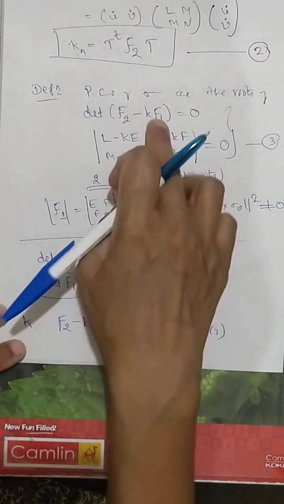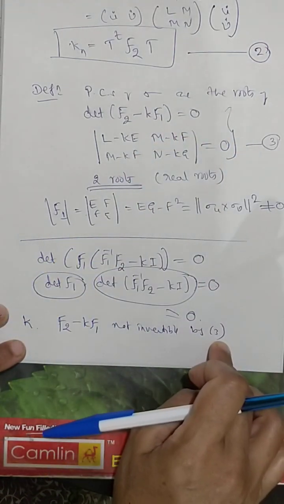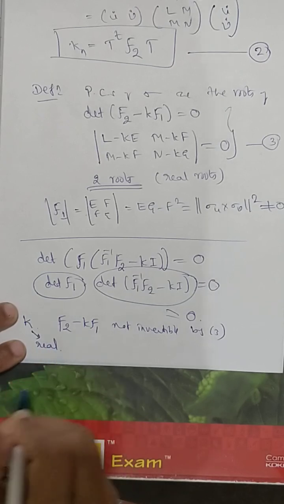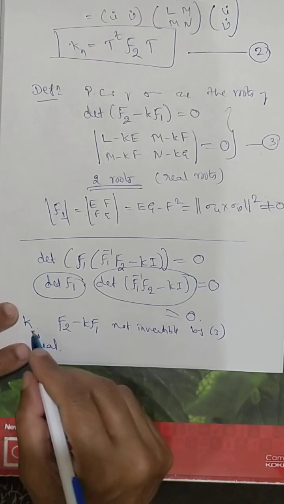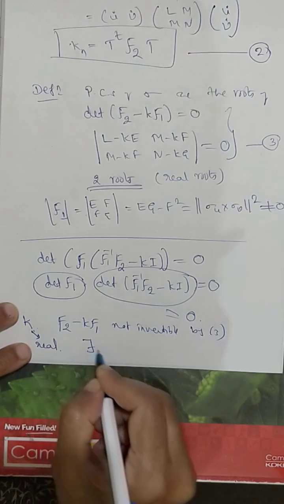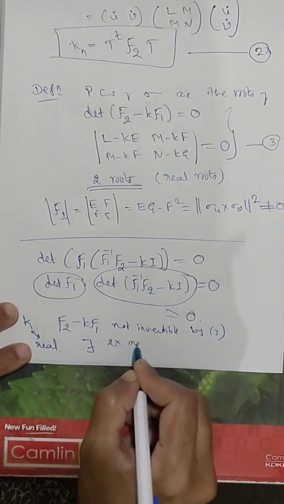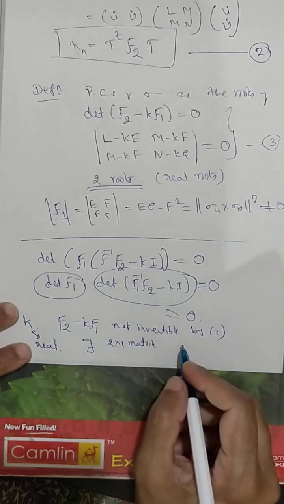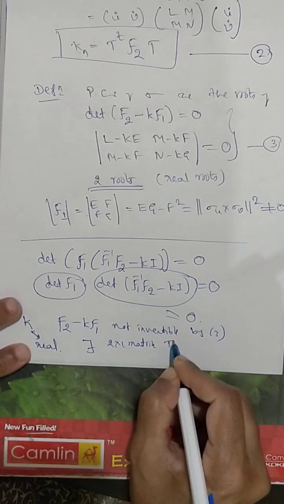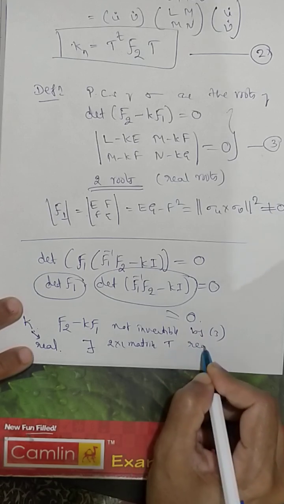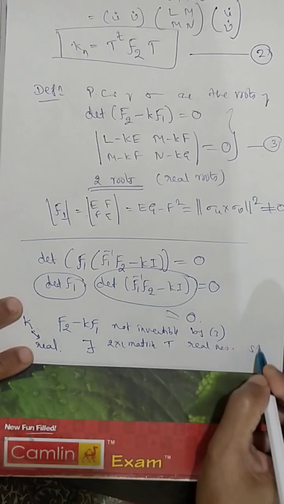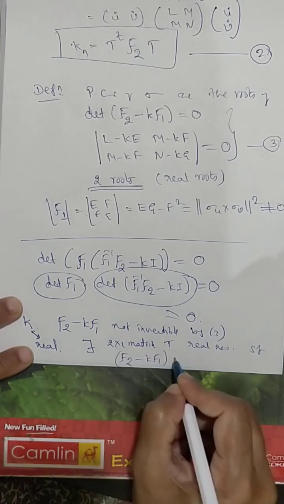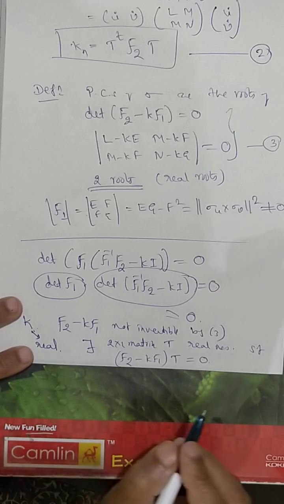Assuming that this is real, I can find a non-zero 2 by 1 column matrix, let me call it T, whose entries are real numbers, such that F2 minus K into F1, into this matrix T, is equal to 0.